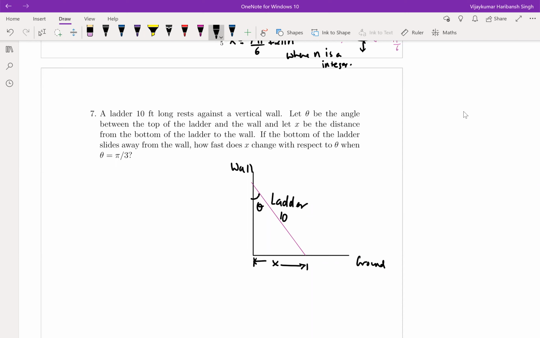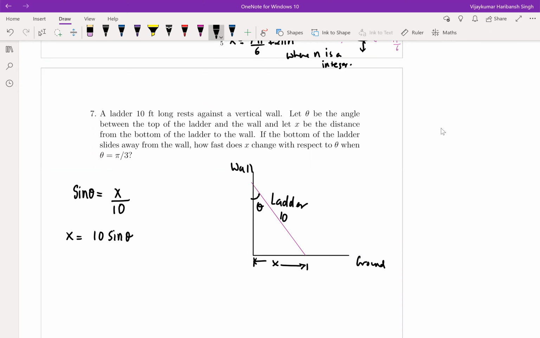That will be connected by the trigonometric function sine theta, which is the opposite side to theta over the hypotenuse, which is fixed at 10. So we can write x equals 10 sine theta.